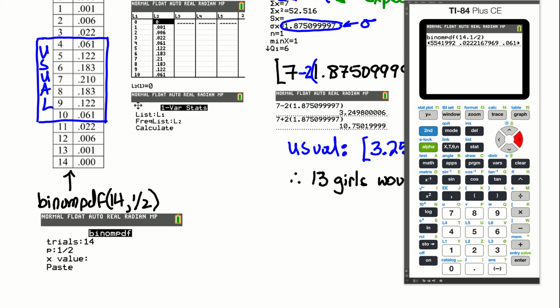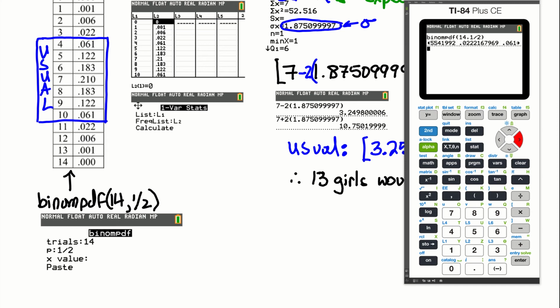So if I'm rounding it, the values in this table are what they would round to. I just scrolled, the third value is 0.022, but if I'm going to 3 decimal places, I wouldn't write that whole decimal value. It would just be 0.022, 0.061. You can bet that if you scrolled even more, you'd get the 0.122.